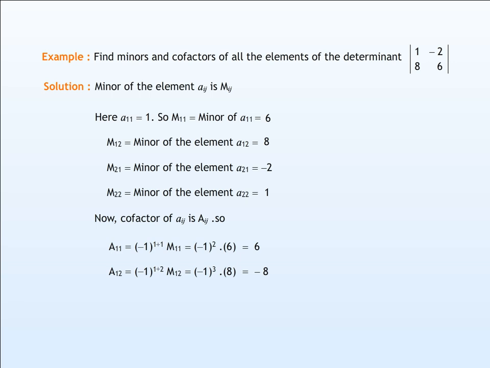Cofactor of second row, first column element A21 will be minus 1 raised to 2 plus 1 times M21, which equals minus 1 raised to 3 multiplied by minus 2, which is further equal to 2. And finally, A22, the cofactor of second row, second column element will be minus 1 raised to 2 plus 2 multiplied by M22, or minus 1 raised to 2 plus 2 multiplied by 1, or 1.